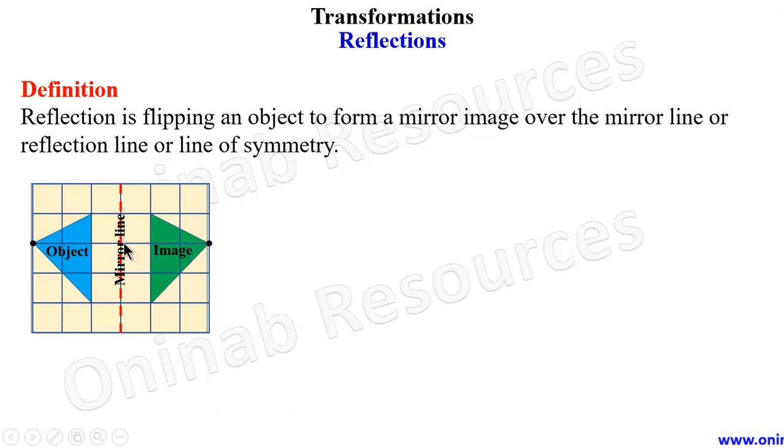Also for the image, we count 1, 2, 3 units from the mirror line. The same thing here. This vertex here is 1 unit, this is also 1 unit, and so also this. So we will now go further to solve some problems on reflections.